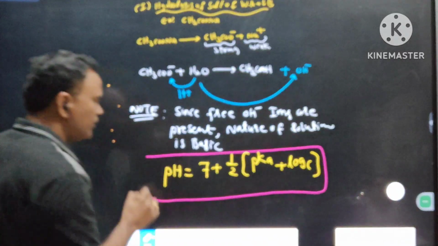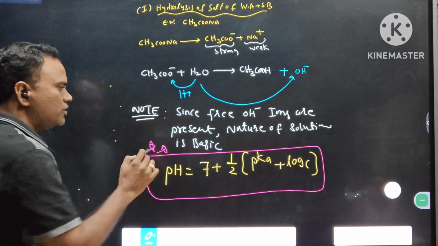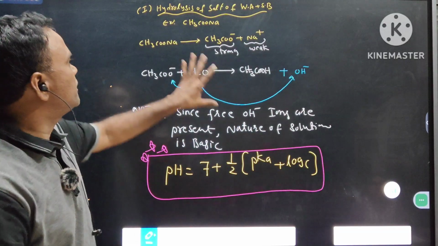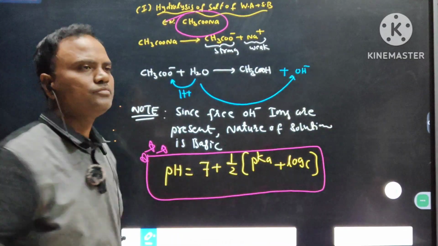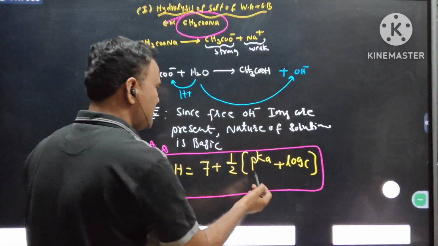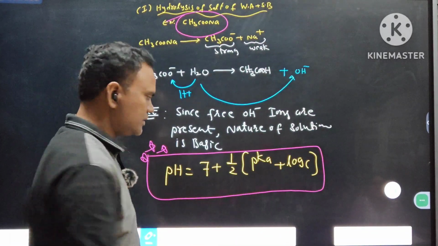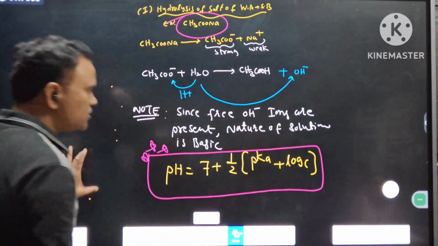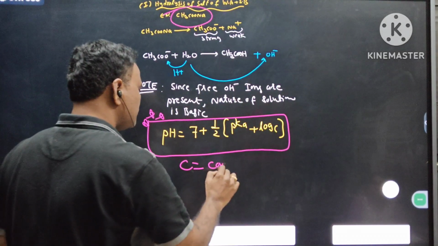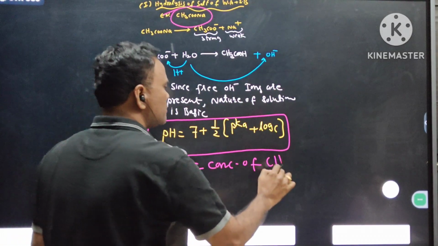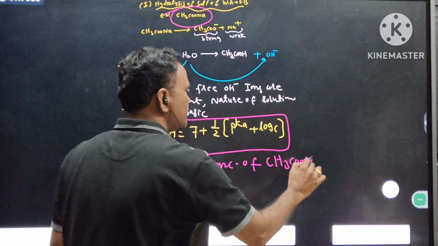Very important. When we use this formula, when you get sodium acetate, what is C? C is the concentration of the salt, sodium acetate.